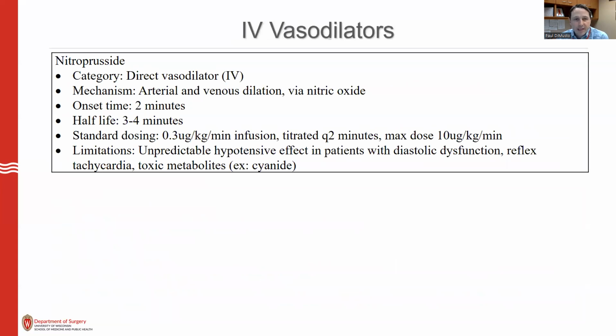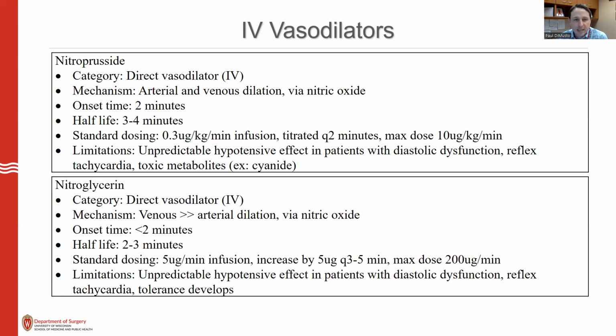When we look at IV vasodilators, nitroprusside is one that comes to mind, which causes both arterial and venous dilation via nitric oxide. This has, again, a quick onset and short half-life and can be titrated relatively quickly. It can lead to unpredictable effects, particularly in patients with diastolic dysfunction, can lead to reflex tachycardia, which is why we need beta blockade in place in our dissection patients before starting this, and with high doses can lead to toxic metabolites.